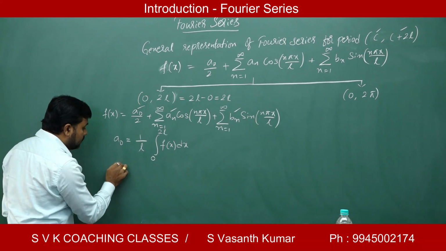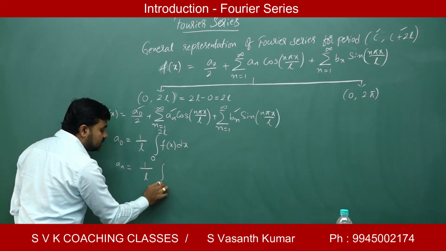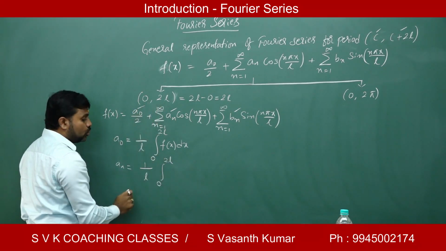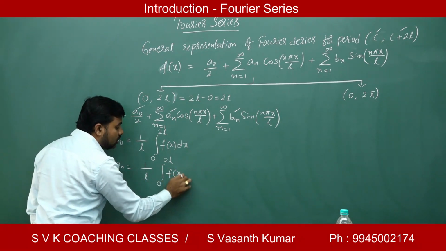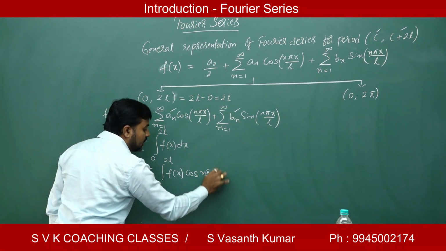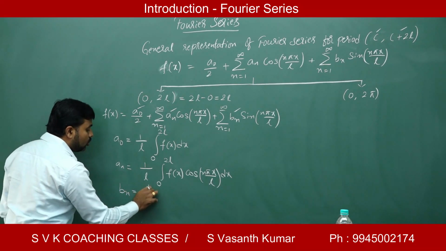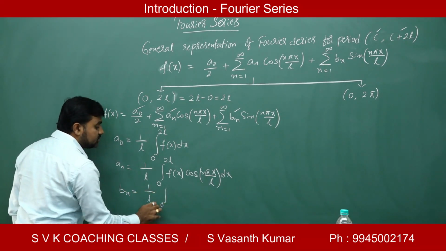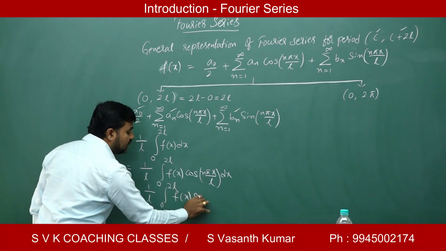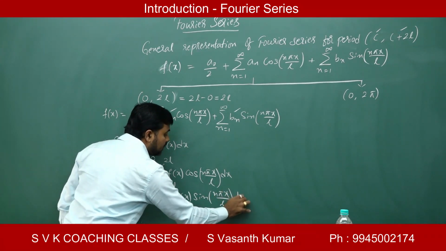Next an is given by 1 by L integral 0 to 2L, the given interval is 0 to 2L, f of x cos n pi x by L dx. Next bn is equal to 1 by L integral 0 to 2L f of x sin n pi x by L dx.